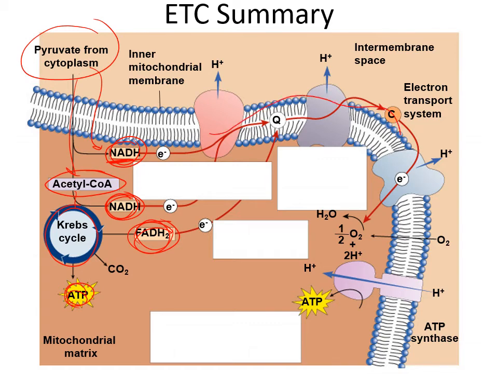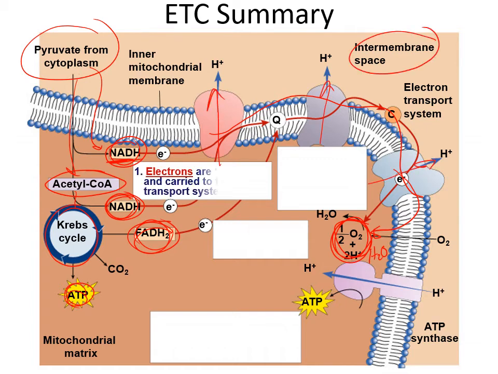As they move through the chain, they eventually combine with oxygen and hydrogen ions to make water in the matrix here, further reducing the hydrogen ion concentration. But also as they move through the chain, they're pumping hydrogen ions out into the intermembrane space. So the electrons are harvested from the electron carriers into the electron transport chain.